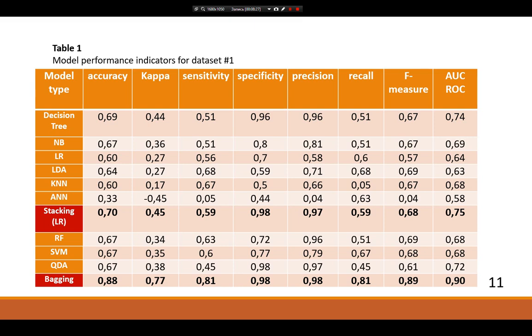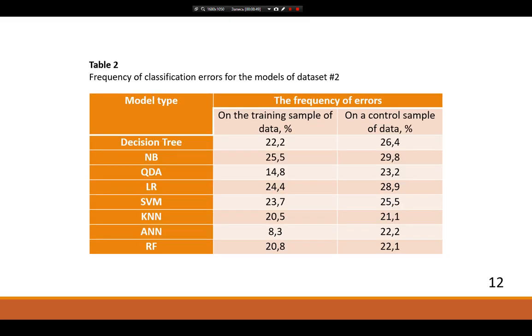Thus, at the first stage, combining some basic models, the accuracy was increased to 70%. At the second stage, combining some basic models and the stacking model into an ensemble model using bagging increased the model accuracy to 88%.